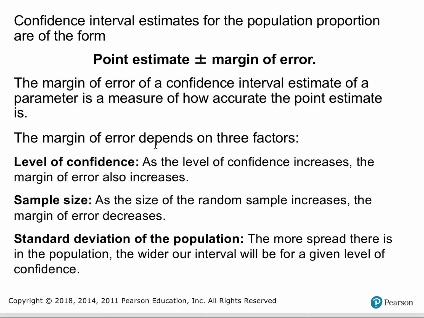Okay, confidence interval estimates for the population proportion are of this form. It's the point estimate plus or minus the margin of error. Now, the margin of error of a confidence interval estimate of a parameter is a measure of how accurate the point estimate is.